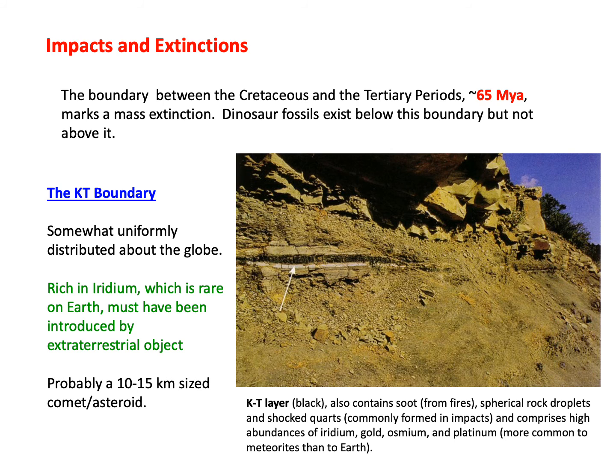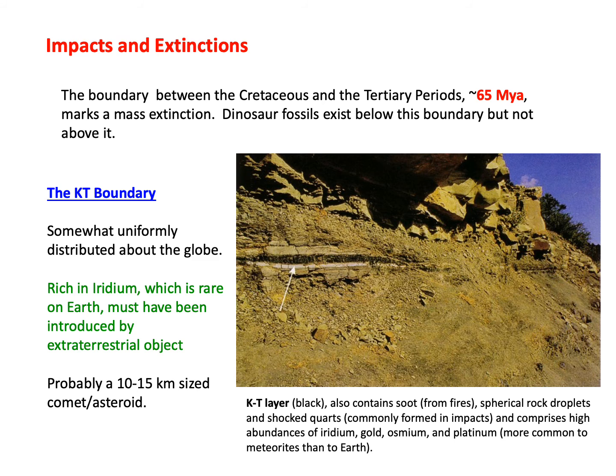But when you go and look in this KT boundary, you find cosmic level abundances of iridium, which would indicate that this iridium came from off-planet, and therefore this supports the idea that whatever caused this came from off-planet. So you've got massive fires, you've got massive extinction, and you've got chemical abundances which indicate some kind of foreign object.